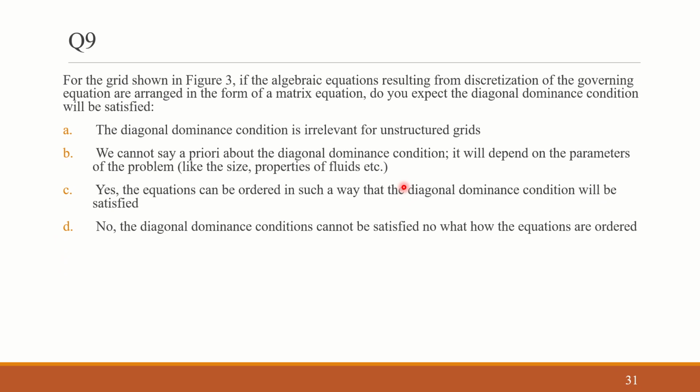And we expect it to have a diagonal dominance condition. So it can be arranged in such a way that it follows the diagonal dominance condition, which is the right answer.